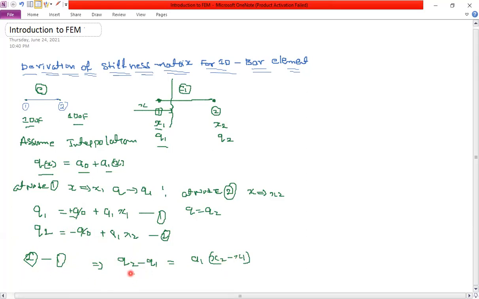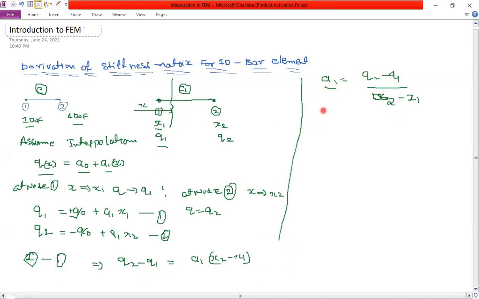So this q2 minus q1 is this value, and from this we get the constant a1. The a1 can be defined as q2 minus q1 divided by x2 minus x1. So this is the constant value a1.